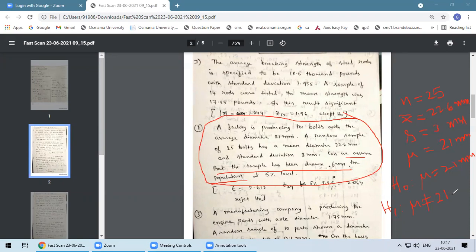That is, we assume that the sample has not been drawn from the population with diameter 21 mm.